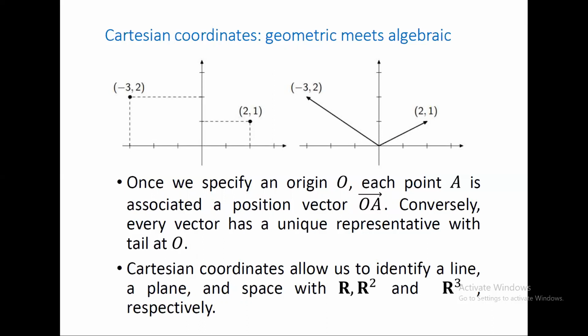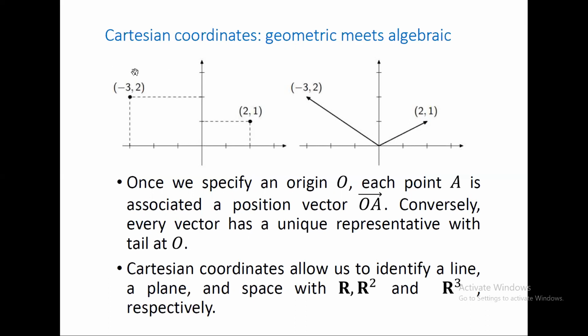Consequently, every vector has a unique representation with the tail at the origin. So if we consider the point 2, 1, then that is with respect to the origin over here, and this is the vector. If this is A, then this is the vector which corresponds to A.